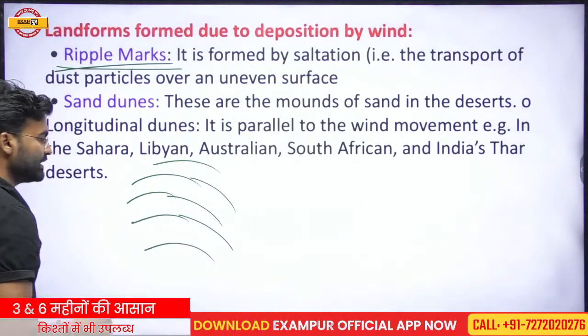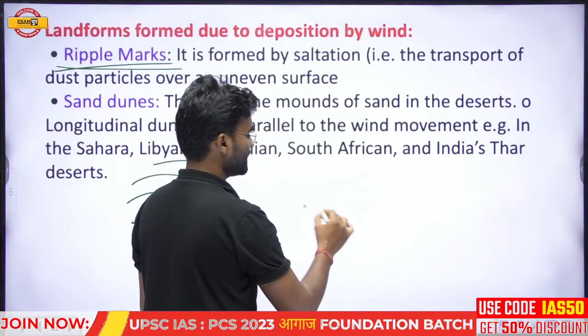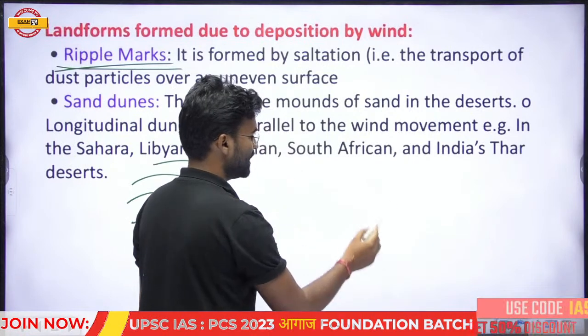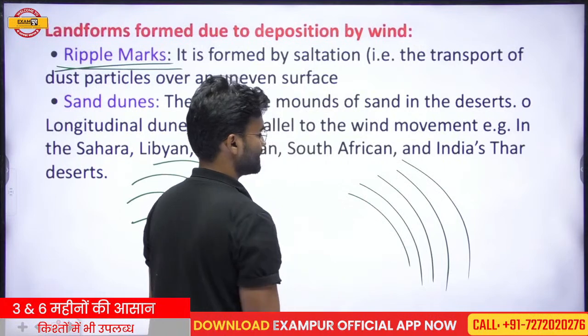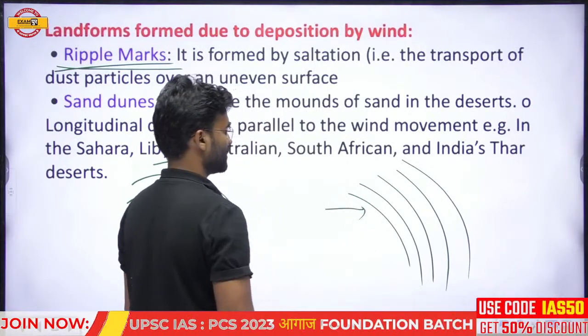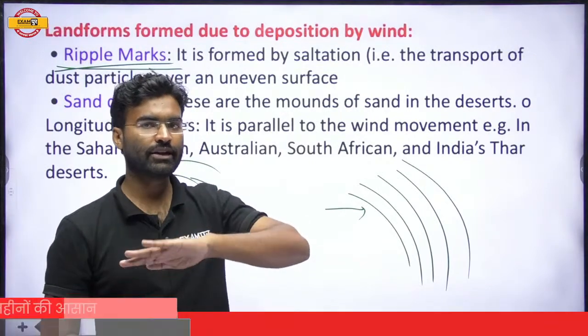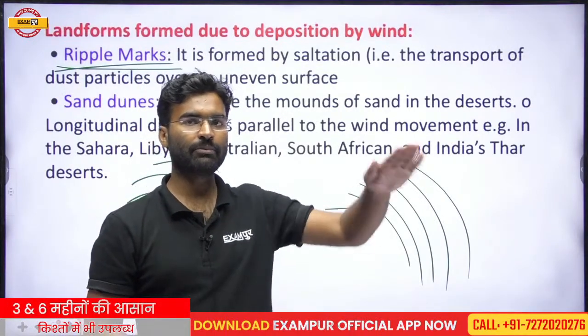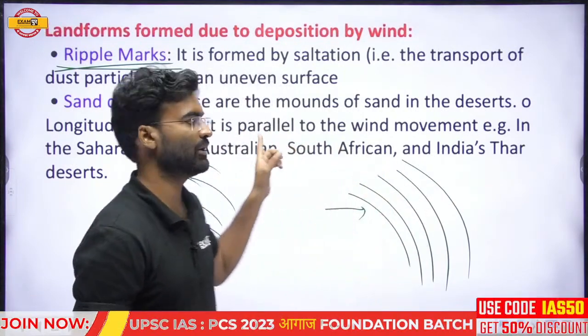If the wind is moving along with the deposits, after covering a distance, when they start to deposit that sediment, ripples appear in this region, and this is called ripple marks. If you look at any desert area, you see some ripples, and such deposition is called ripple marks.